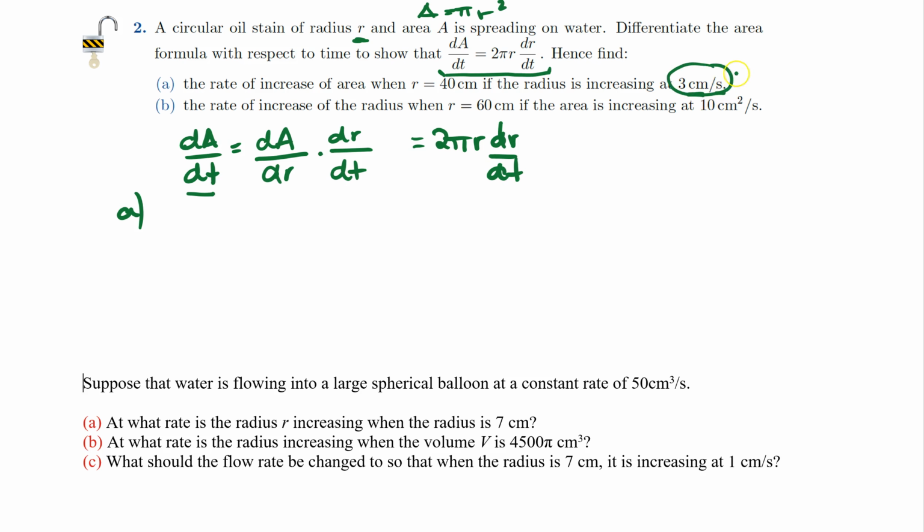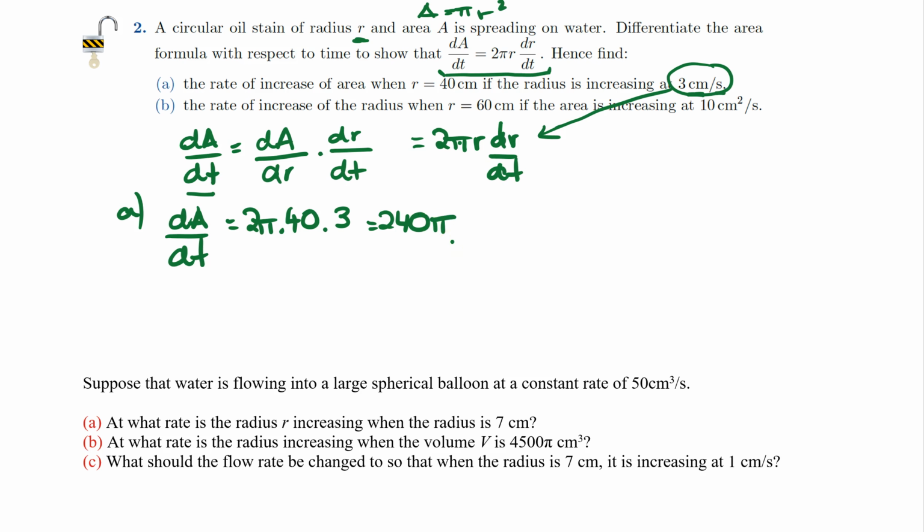So 3 centimetres per second is dr/dt. Therefore dA/dt simply becomes 2 pi r, where r is 40, multiplied by 3 centimetres per second. So that's going to turn out to be 240 pi.